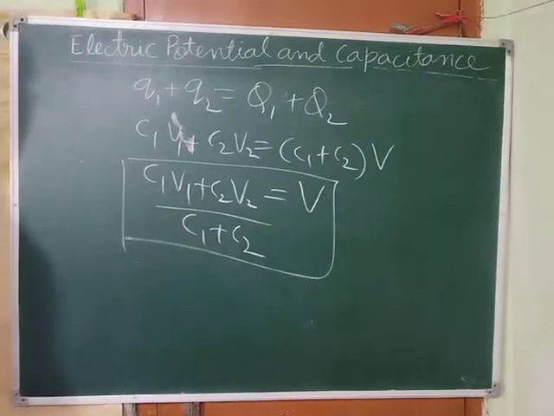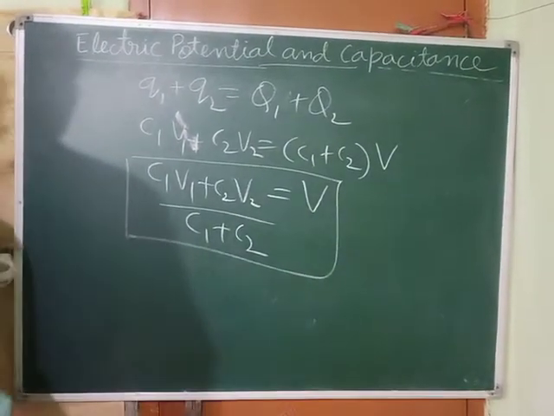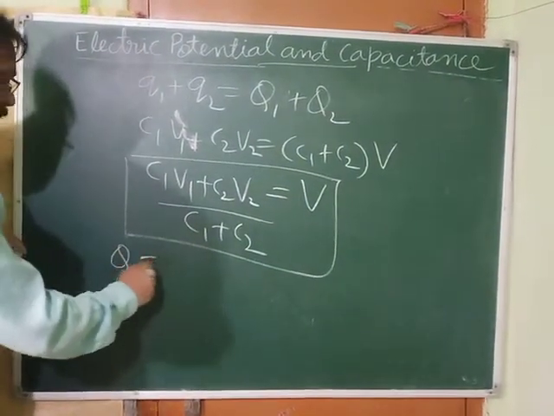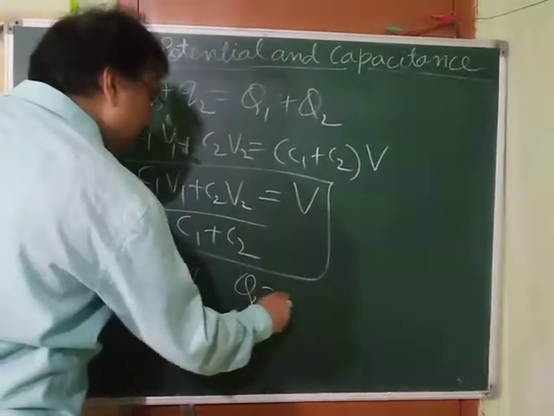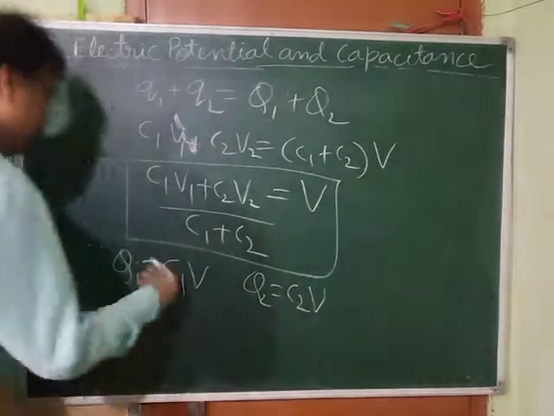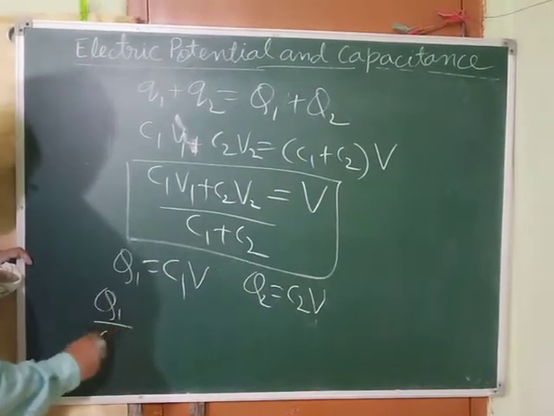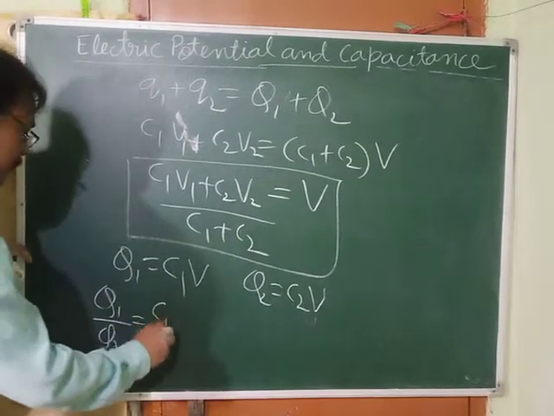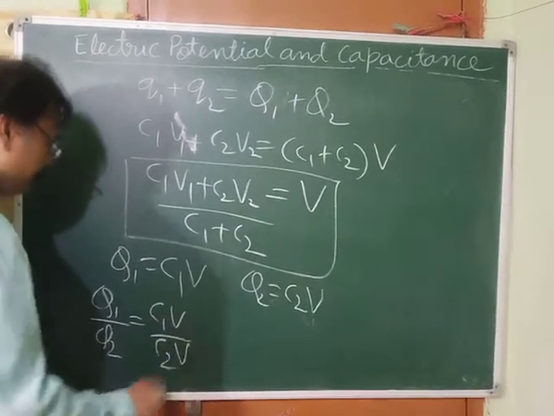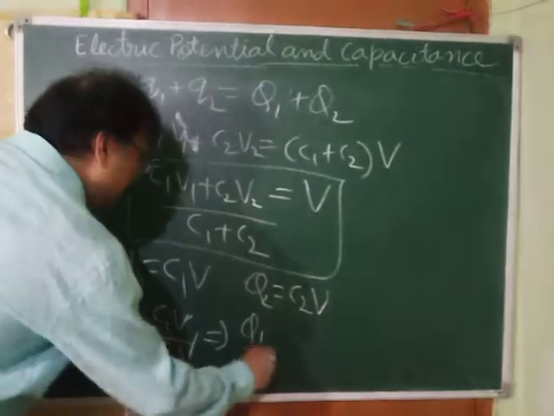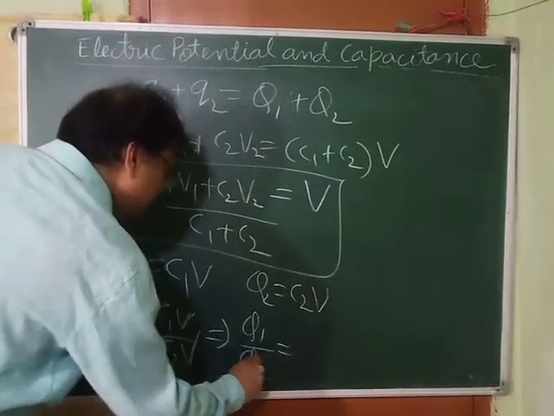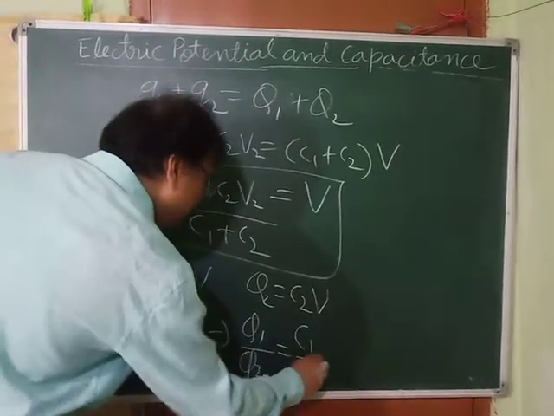This we will be utilizing later on. Now, Q1 is C1 into V, and Q2 is C2 into V. If you take the ratio of them, Q1 upon Q2, you get C1V by C2V. V cancels out, so finally Q1 upon Q2 equals C1 by C2.